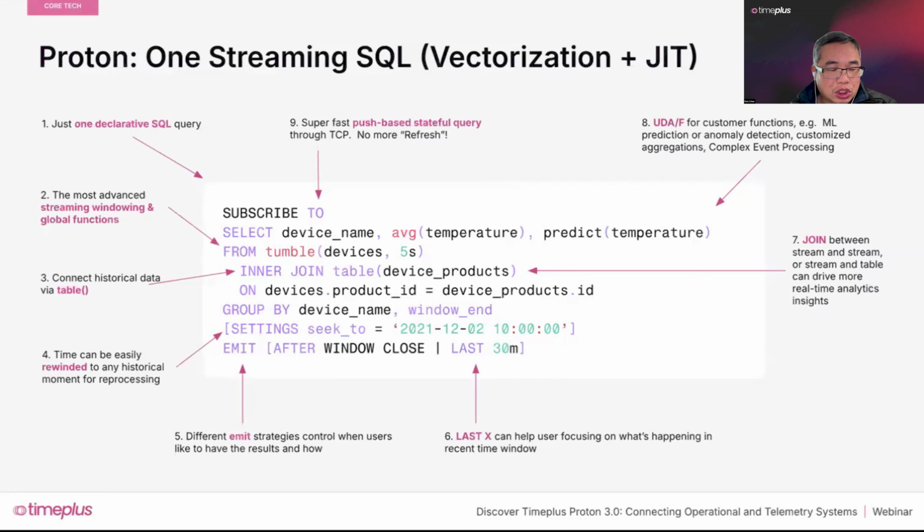Everything is driven by SQL, and users use SQL to build the pipeline. We also extend the streaming SQL a lot with streaming semantics, like quite a lot of different emit strategies for different kinds of use cases.